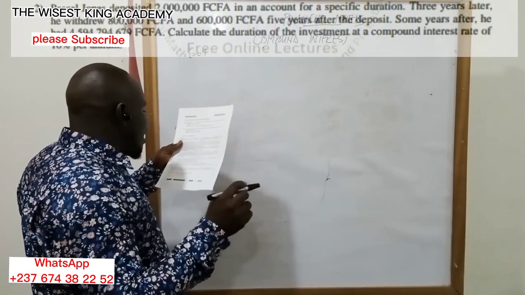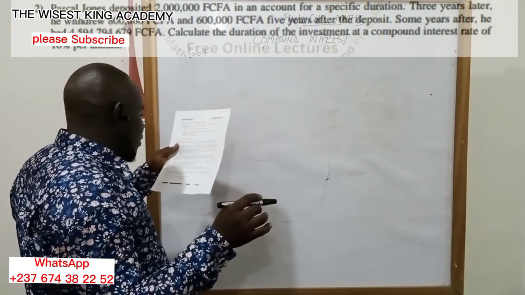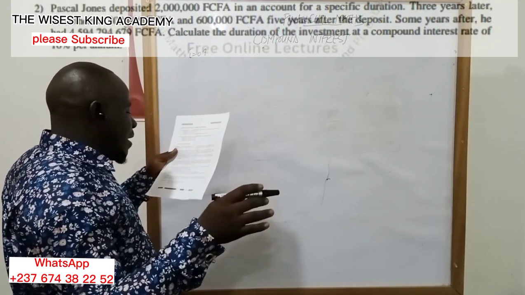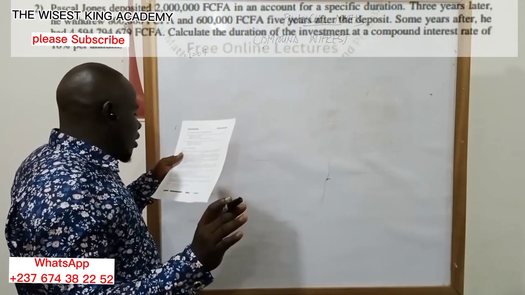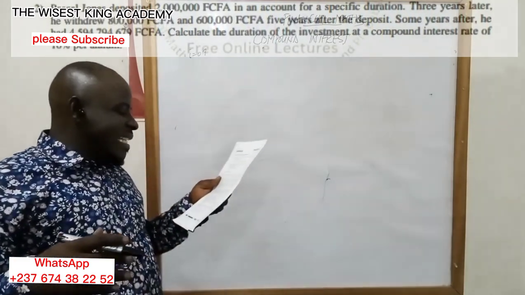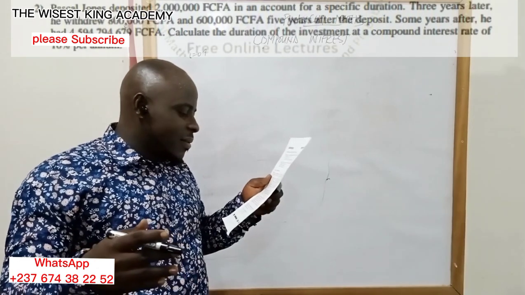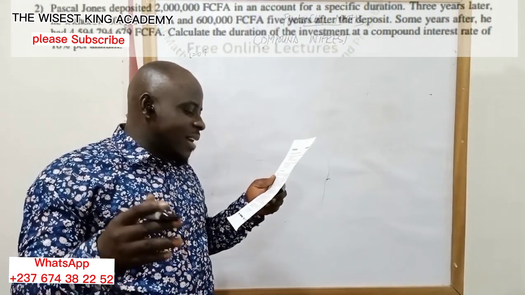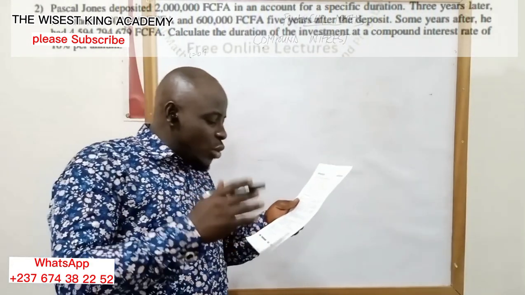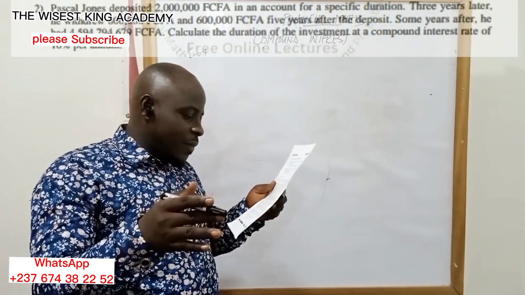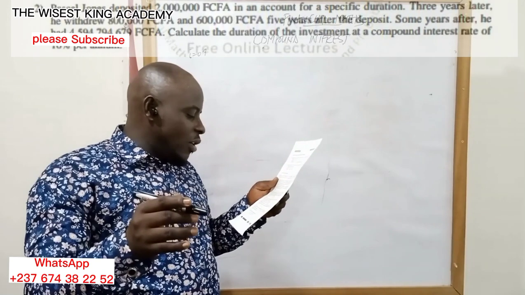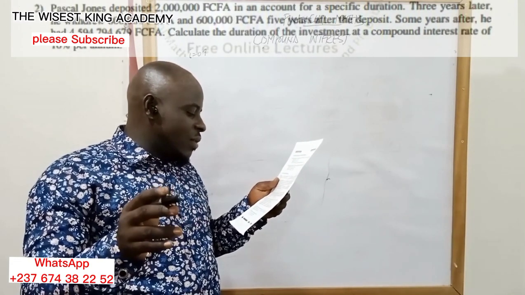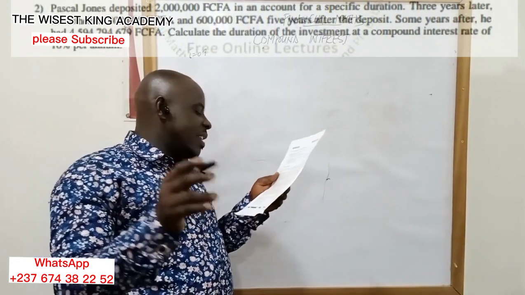Now, they say Jones deposited 2 million francs in an account for a specific duration. 3 years after, he withdrew 800,000 francs, and 600,000 francs 5 years after the investment, which is actually 2 years after the 800,000 francs, right? Some years after, he had 4,594,794.679.